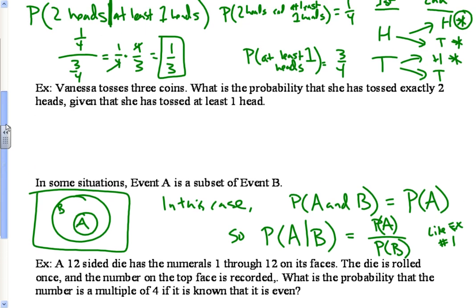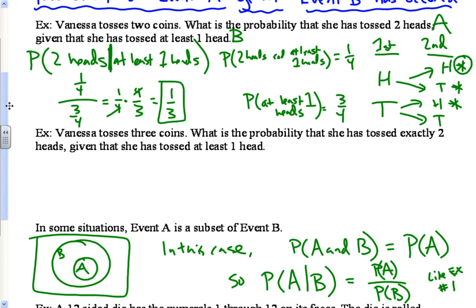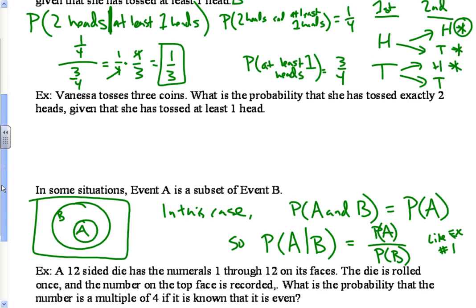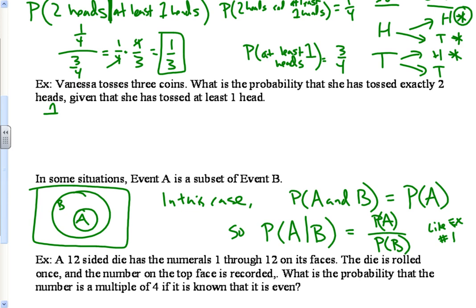Let's try a different example. Vanessa tosses 3 coins. What is the probability that she has tossed exactly 2 heads, given that she has tossed at least 1 heads? Alright, so again, I like to draw the diagram. So we have 3 tosses, 1, 2, 3.